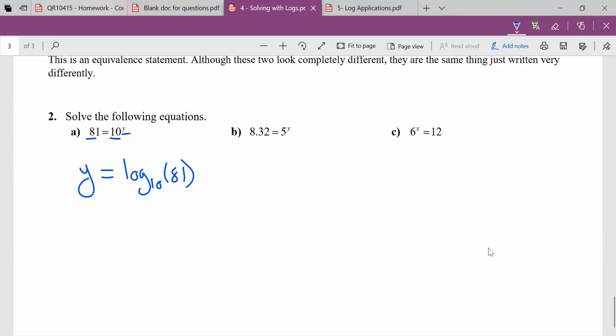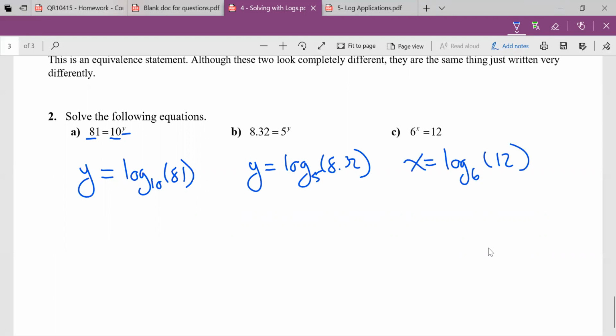Well, that's a heck of a lot quicker than what I did before, isn't it? Try B. Base stays the same. So log base 5, and the y and the 8.32 switch. And on the last one, log base 6 of 12 is equal to x. All right, that's pretty simple.